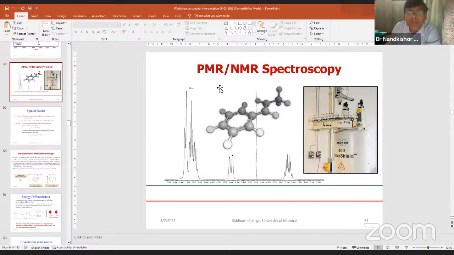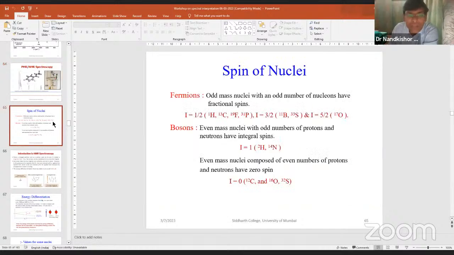This technique studies nuclei having a unique property, the spin of the nucleus. The spin of the nucleus is based on the composition of its nucleons, whether there is an odd mass or an odd number of nucleons. Based on that, there are fermions and bosons. We should be proud that the name boson originated in honor of Satyendranath Bose, the Indian scientist.